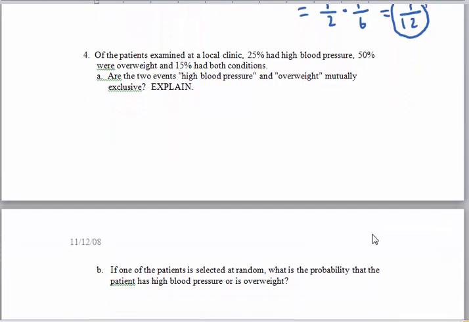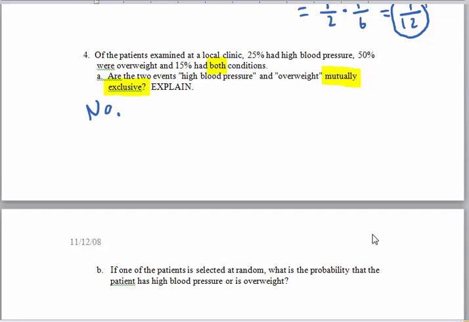And then 4 is just kind of an explanation question dealing with mutually exclusive. Now, if you remember, what mutually exclusive meant was they had no outcomes in common. So in this case, 25% of these patients had high blood pressure, 50% were overweight, and 15% had both. So whenever there's a certain percentage of people that had both high blood pressure and were overweight, we would say the events are not mutually exclusive, right? So are the two events mutually exclusive?